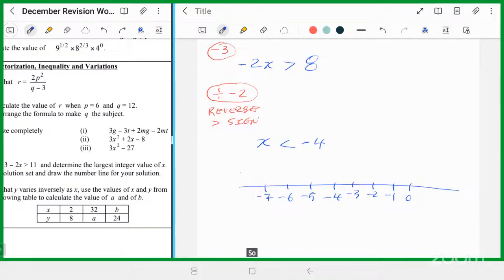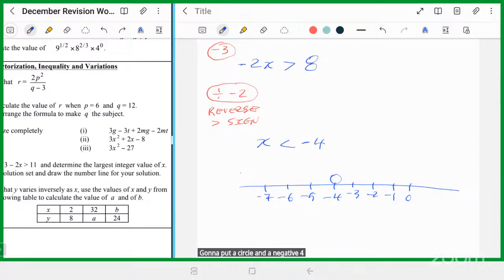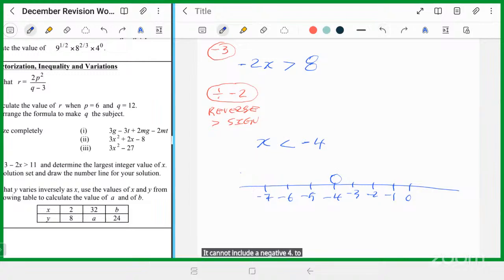So the critical value is negative 4, which is right here. That's the critical value, right? But because the equal is not a part of the inequality, we're going to put a circle on the negative 4 that is not shaded. The unshaded circle means that you don't want negative 4 because the equal is not on it, so you cannot include negative 4.